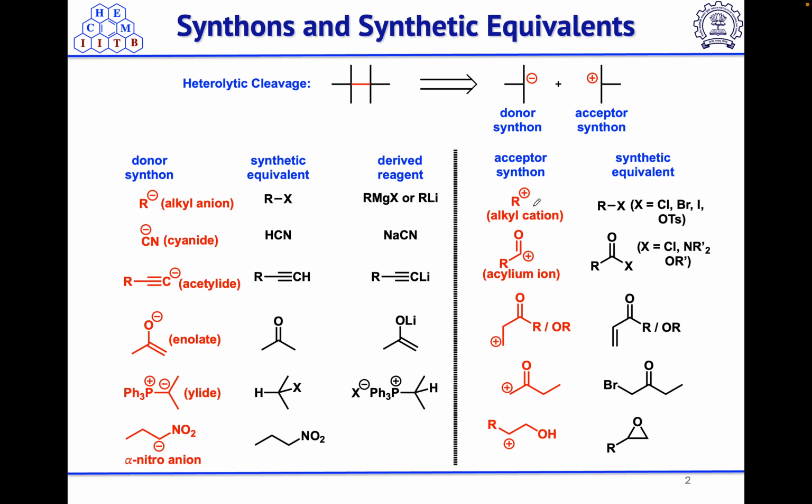Similarly, for acceptor synthons, various acceptor synthons and their synthetic equivalents are written. In forward synthesis we have to use the synthetic equivalent instead of the acceptor synthon. So donor and acceptor synthons are required only for retrosynthesis, but synthetic equivalents are required for forward synthesis.